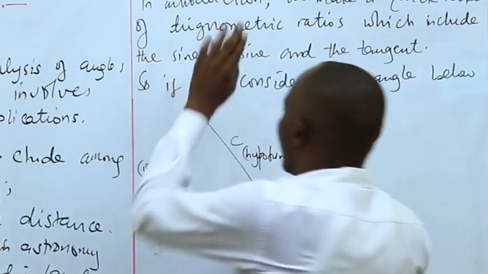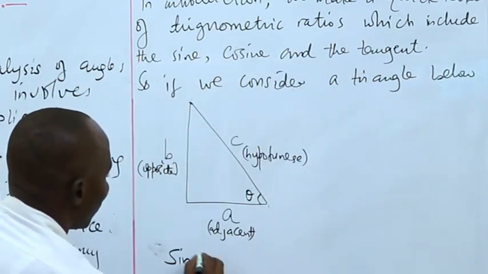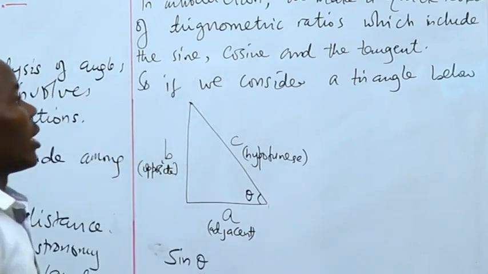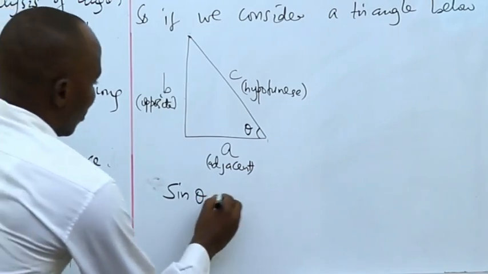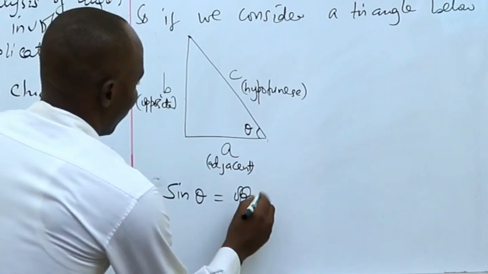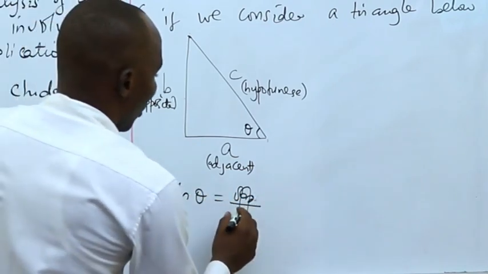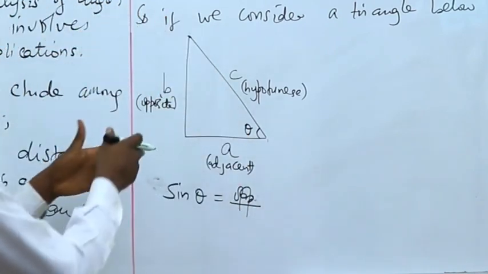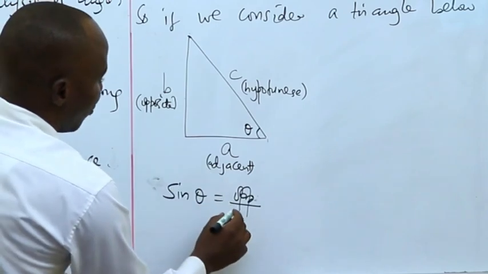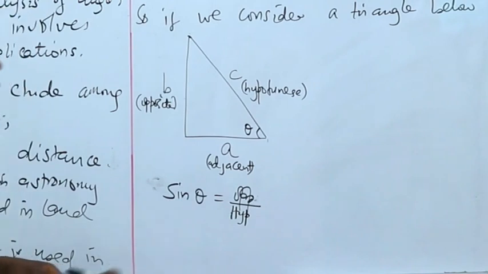So sine can be abbreviated as sin. Sin of theta is the opposite over the hypotenuse, that means the magnitude of the opposite side divided by the magnitude of the hypotenuse side.